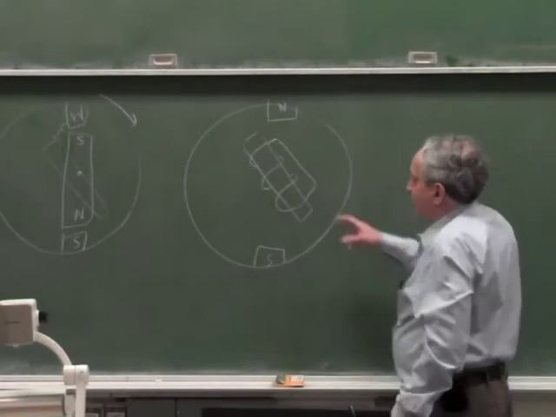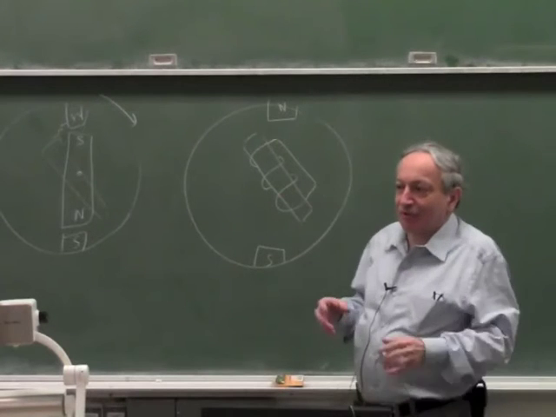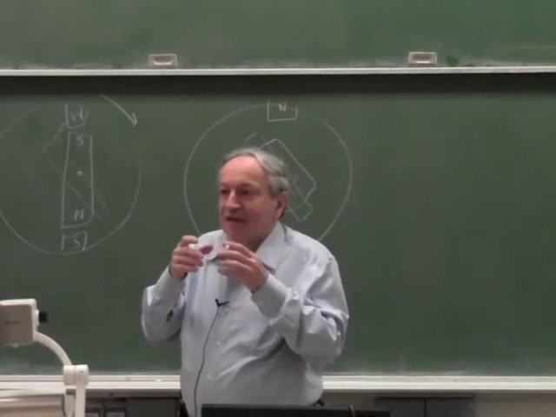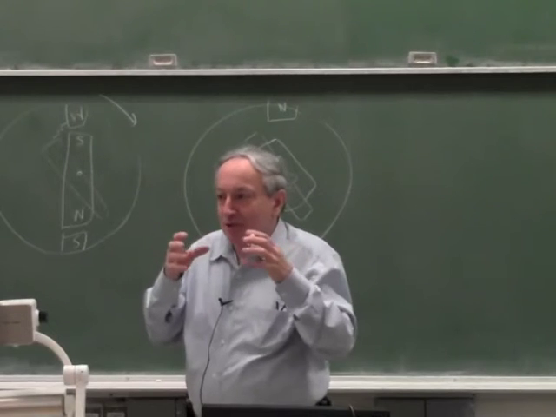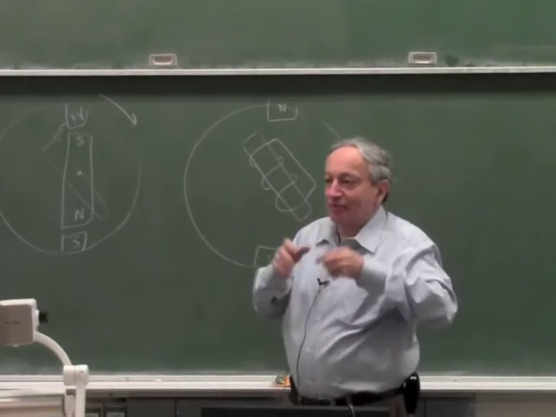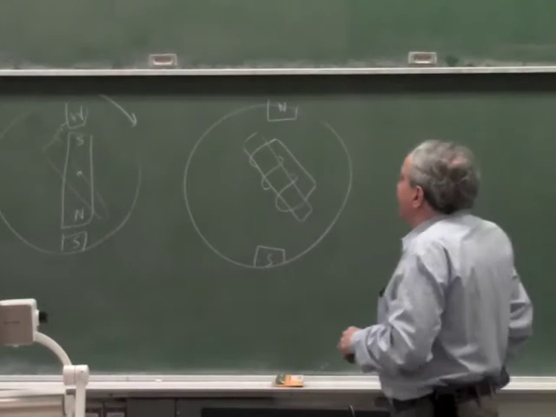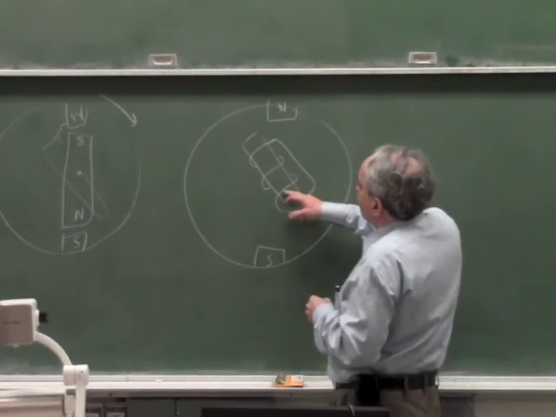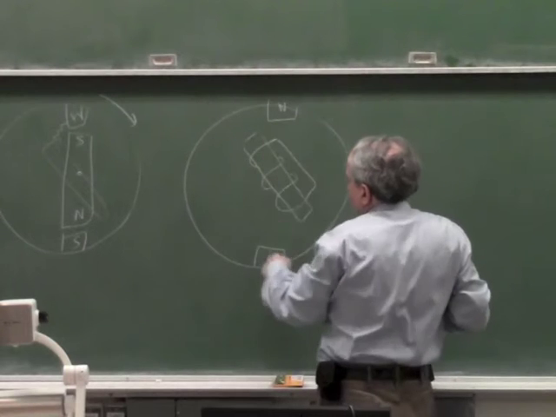Okay, and this is a squirrel cage, as I discussed before. It's a block of iron laminations covered with copper or aluminum to make a short-circuiting coil. Since it's short-circuited, it doesn't have to look like a coil. It can be just a block of conductor.